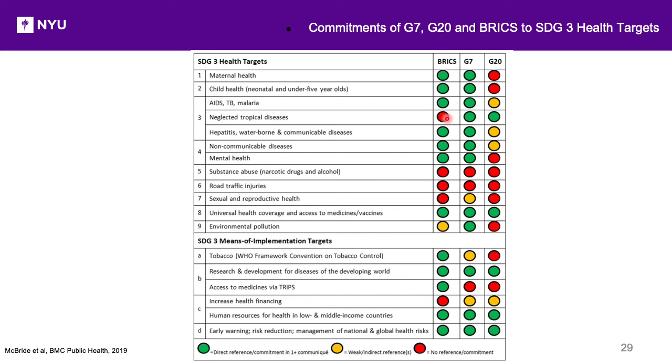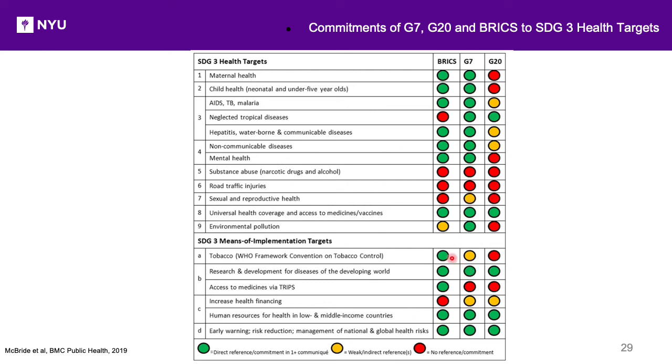And again, for neglected tropical diseases, there is no mention from BRICS. For the G7, there has been a strong reference, and the G20 likewise. When we look at, for example, substance abuse and narcotics, there is no mention from any of these three groups. Same with road traffic injuries. When we think about sexual and reproductive health, there is only minor or weak communication from the G7.